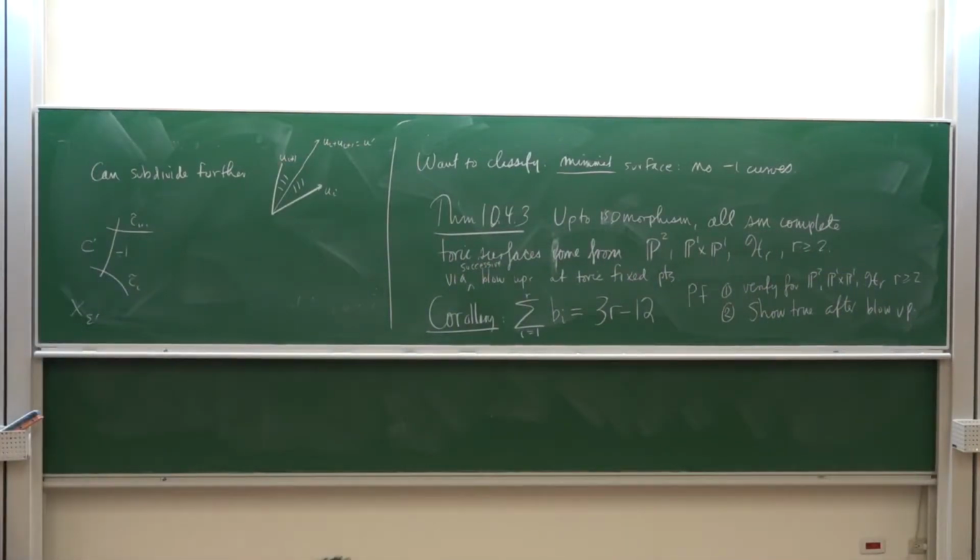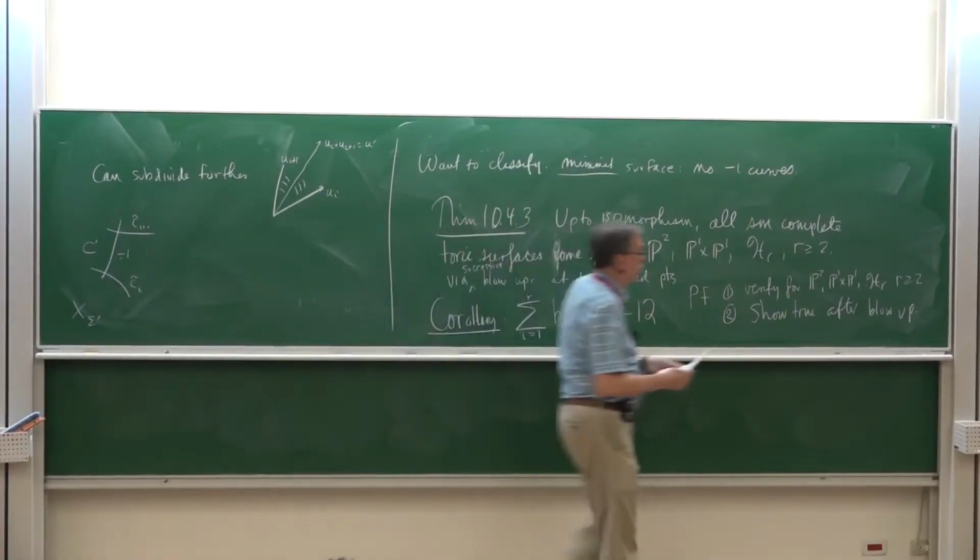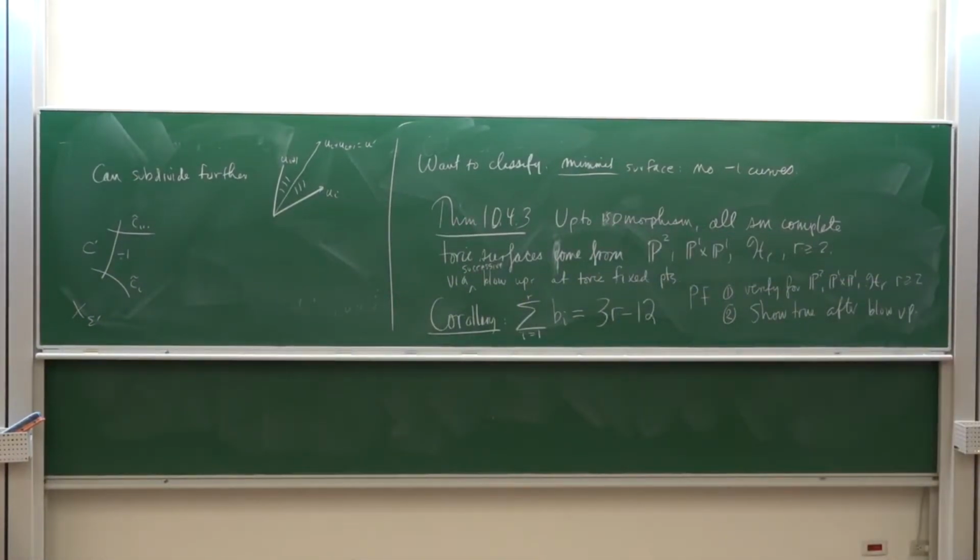Okay, so now let's do some Riemann-Roch stuff. And I'm going to talk about curves and surfaces. And so for curves, let's suppose that C is a smooth, irreducible curve.